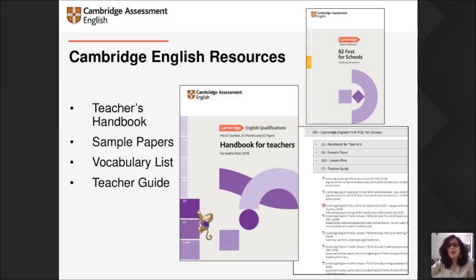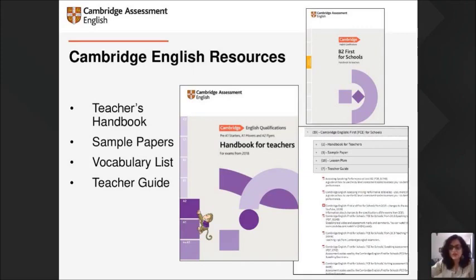Then we have to acquaint ourselves with the sample papers. There's the vocabulary list, especially if we are looking at Young Learners English, because we have to make sure that the students are familiar with the lexical sets that are prescribed for that particular exam. And finally, we have the integrated teacher guide. You can see over here, if you look at this screenshot, it is actually a shot of the website.